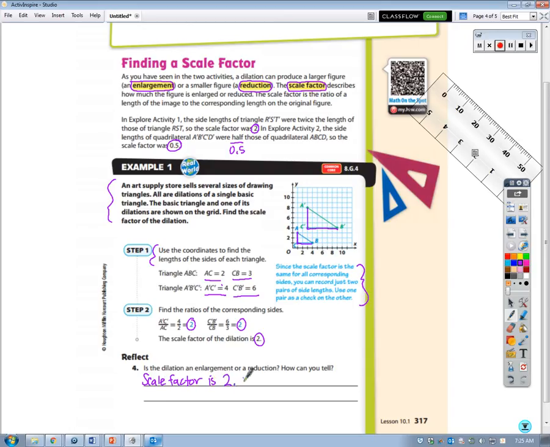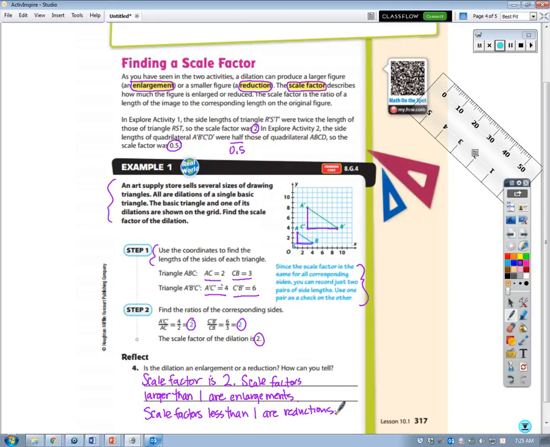Scale factors greater than 1 are enlargements, whereas scale factors less than 1 are reductions. Right, so that's good to know. If it's greater than 1, it's an enlargement. If it's less than 1, it's a reduction.